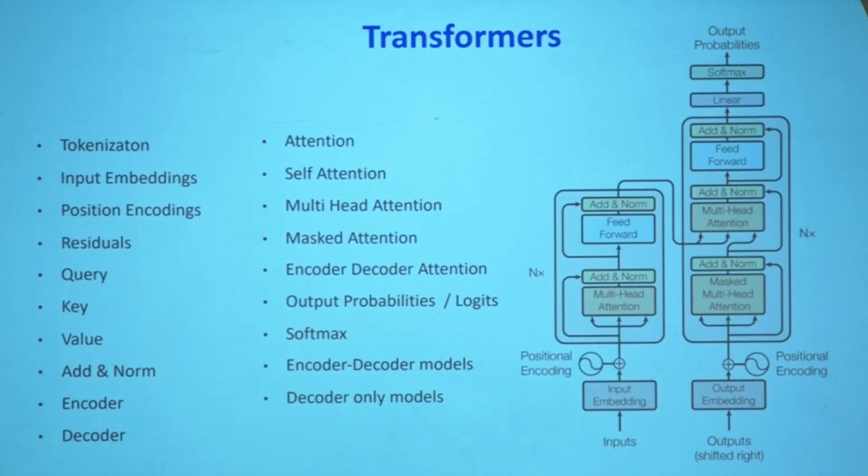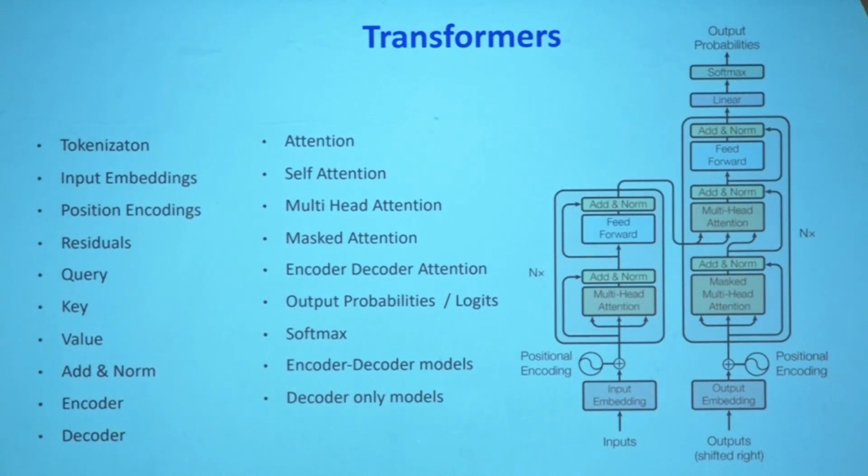So we give one position for each embedding, that is called positional embeddings, that we will see now. So you know about tokenization, word embeddings or input embeddings. After that we do position embeddings in transformers. And then we calculate the residuals.